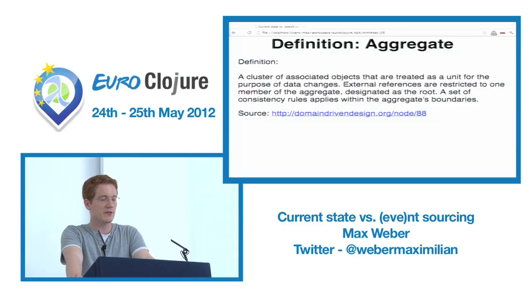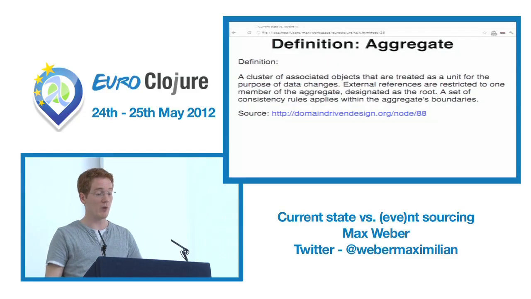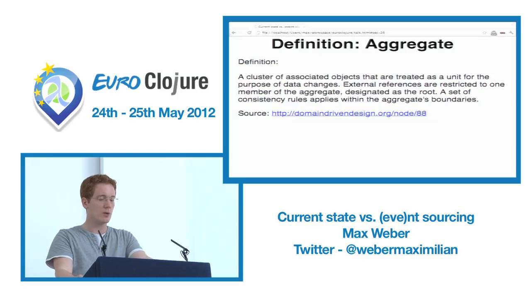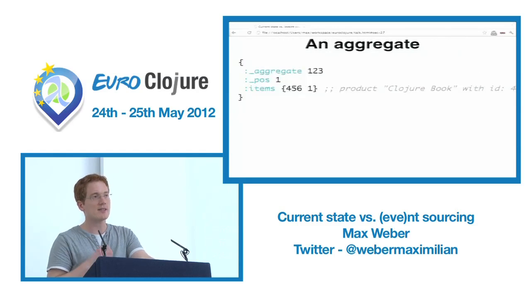So this is a definition of an aggregate concept by the domain-driven design community. It's a complex construct to maintain an even more complex net of objects. Thankfully, through Clojure's simplicity and its time model, we can have a simple notion of an aggregate. So let's take a look at the way the aggregate concept is implemented in the Eve library.